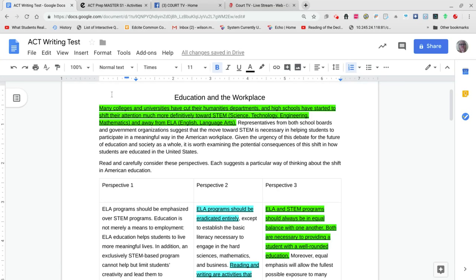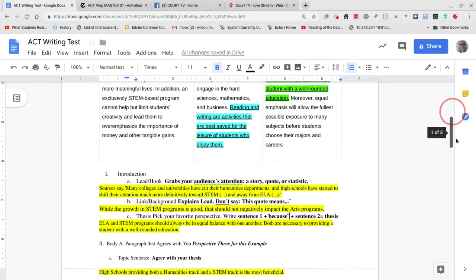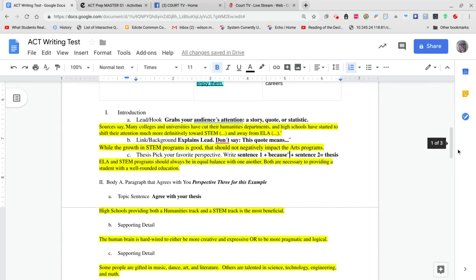So rather than name the source, I'm just going to say sources say, comma, quotation, and then I'm going to say what this says right here with a period and a quotation at the end. Okay, so my example would be, sources say many colleges and universities have cut their humanities departments, and high schools have started to shift their attention much more definitively towards STEM and away from ELA. The ellipsis here, the 3 dots, just means I left something out.